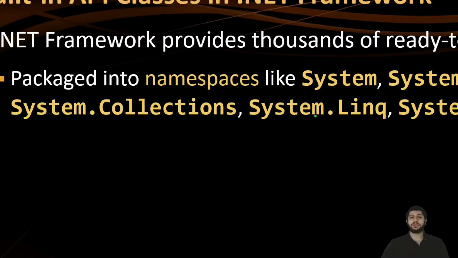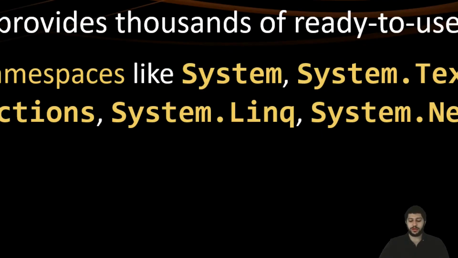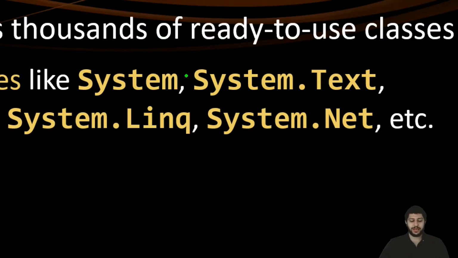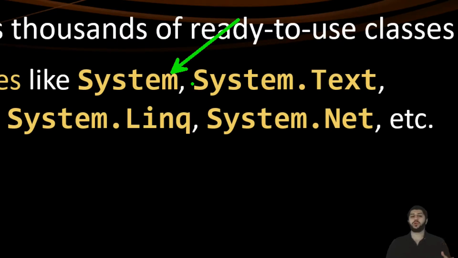And such namespaces we have already seen. We used the System.Collections.Generic namespace when we were working with dictionaries and other data structures. All of them are packaged under the namespace System.Collections.Generic. We also have System.Collections, System.Linq, System.Text, and as you might remember, the System namespace is whenever we need to call some system function, like printing out to a console or reading from a console.